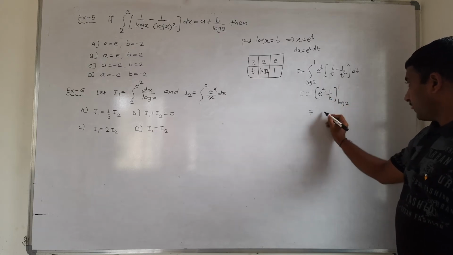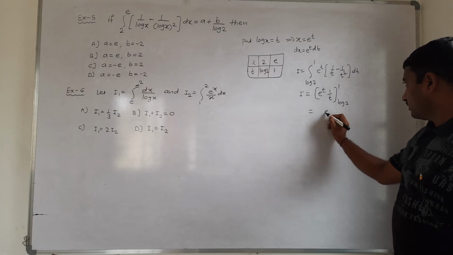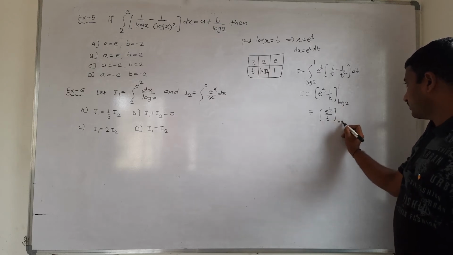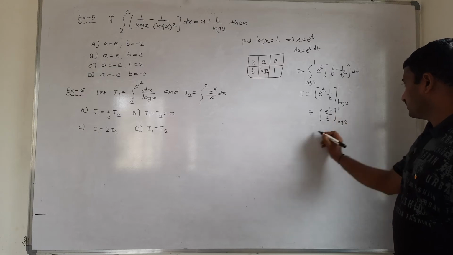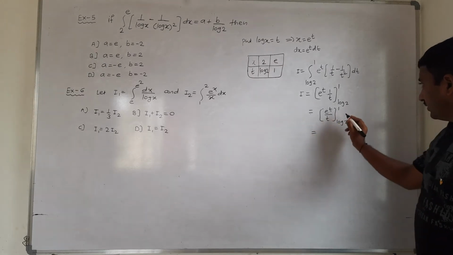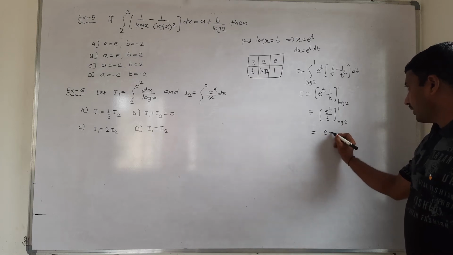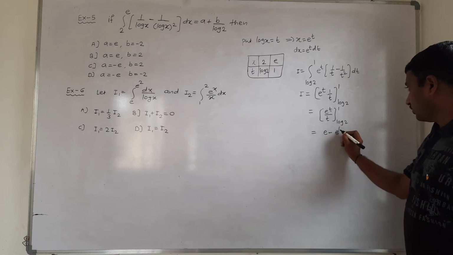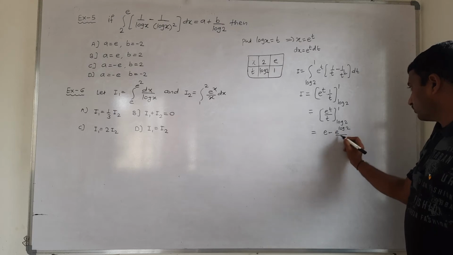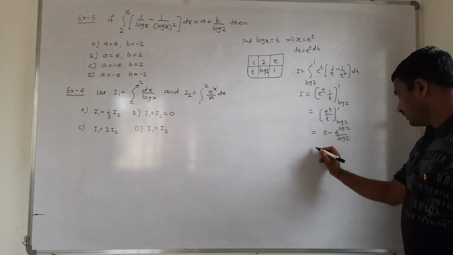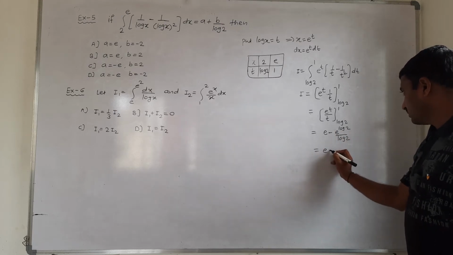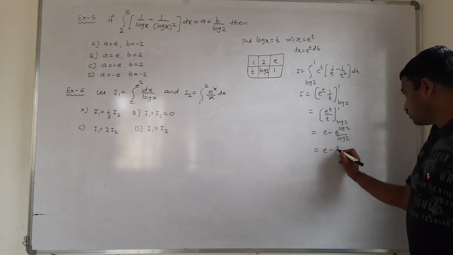That is e raised to t by t. Upper limit, put t equal to 1: e raised to 1, e upon 1, minus e raised to log 2 upon log 2. The e raised to log 2 is 2, so e minus 2 by log 2.